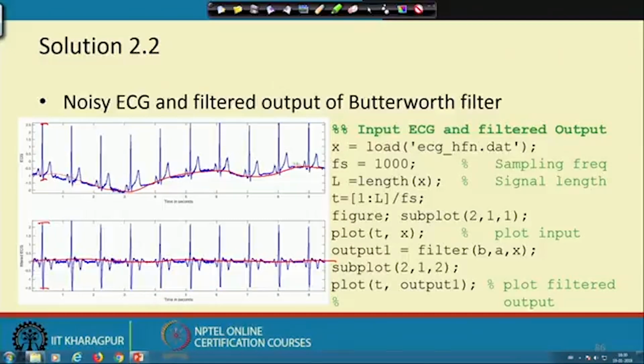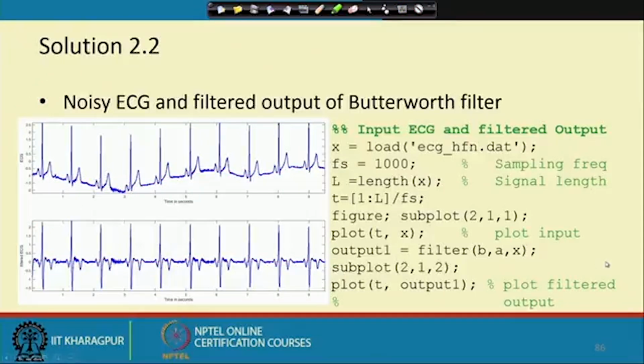Now, the input ECG signal, if you recall the different ECG lead configurations, this one is taken from lead 2. Okay, this is taken from the lead 2 configuration, but here the signal looks like it is coming from lead 1. So much distortion has come because of the filtering.